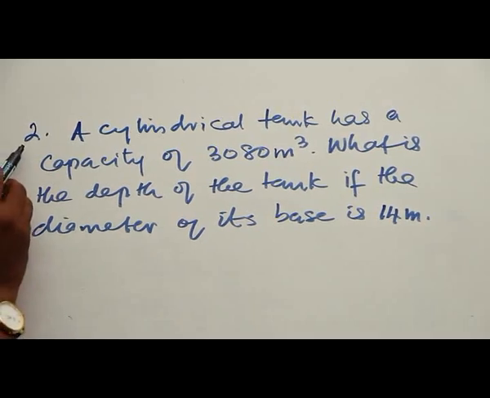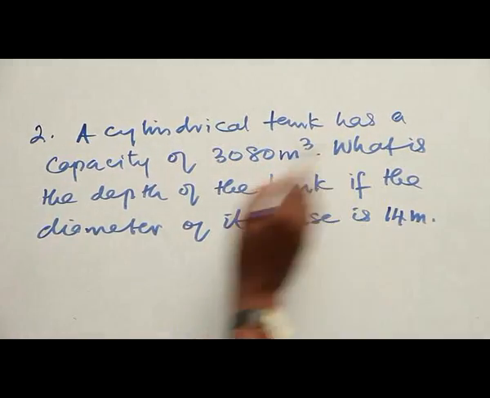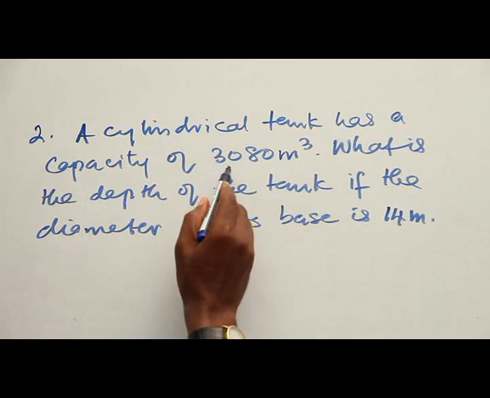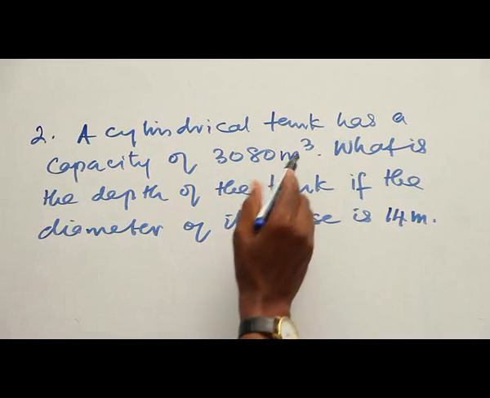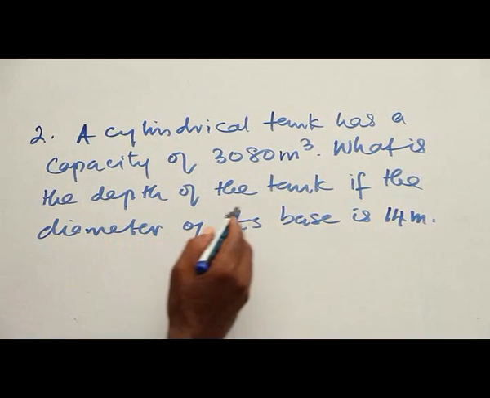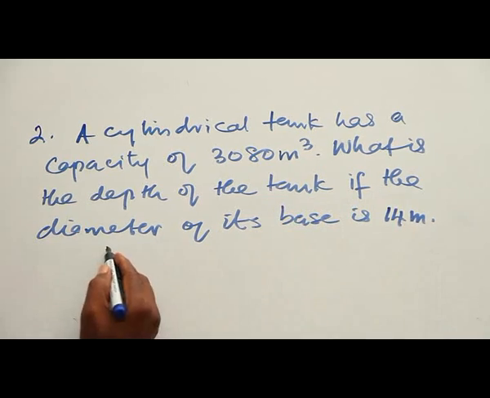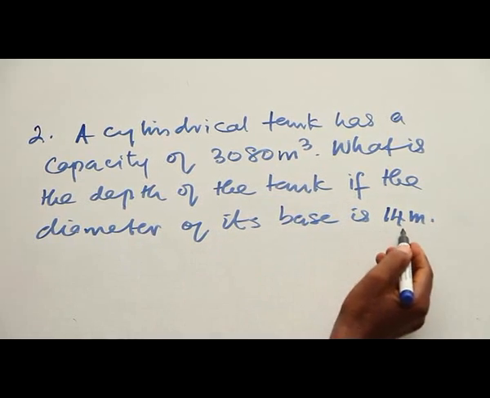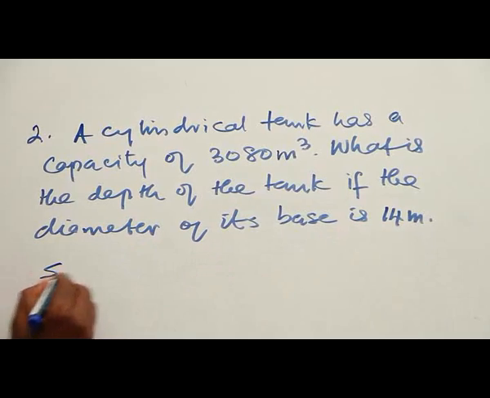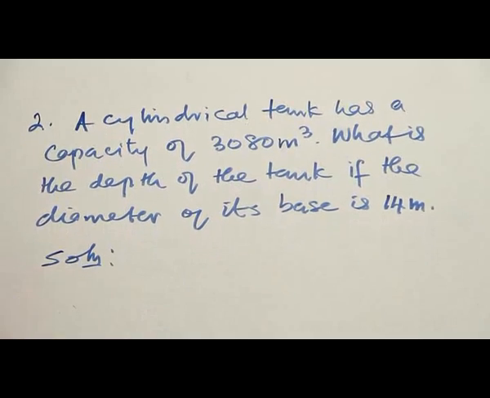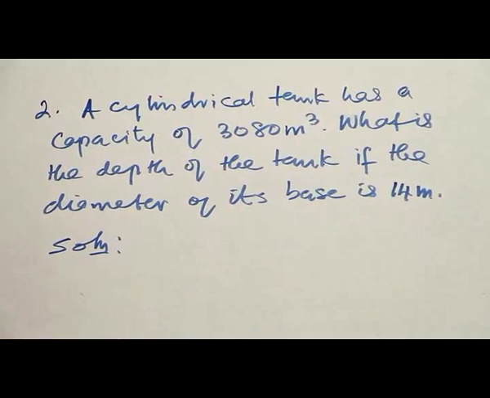Example number 2. The cylindrical tank has a capacity of 3080 meters cubed. What is the depth of the tank if the diameter of each base is 14 meters? Our solution. Here we are required to find the depth.